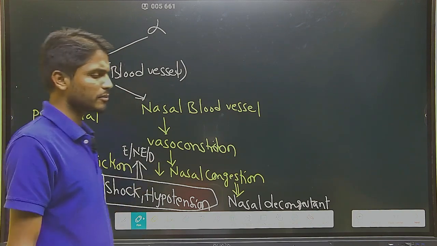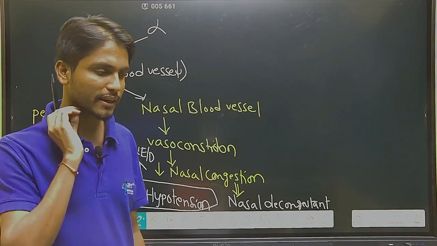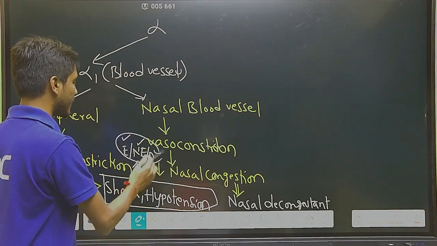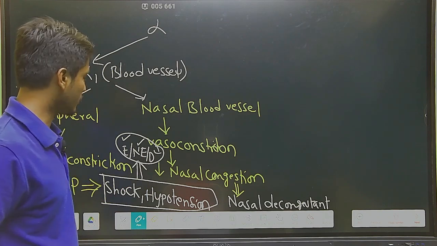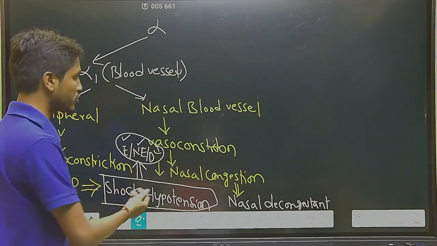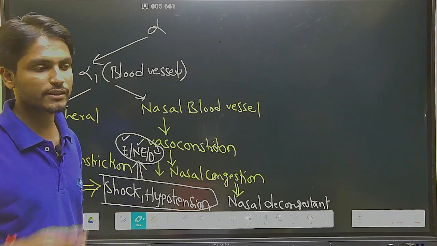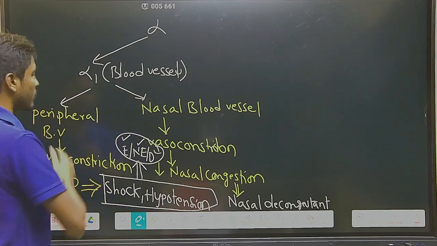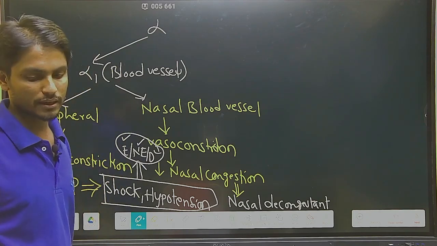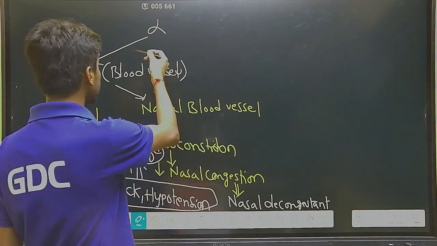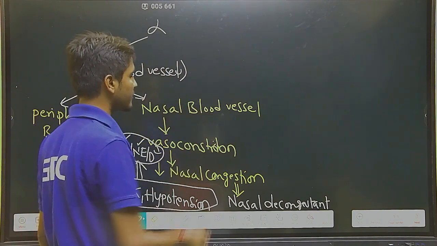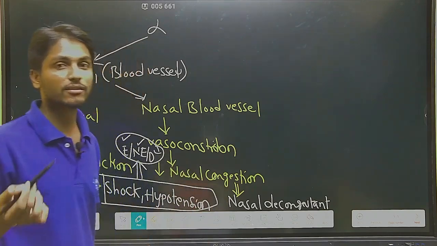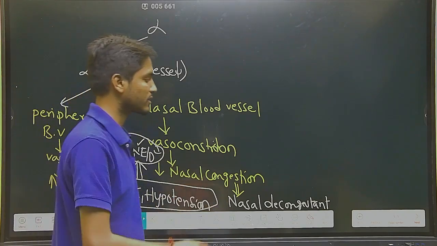All of these are sympathomimetic drugs, and they can be preferred to treat shock and hypotension. How is it happening? Due to the vasoconstriction, especially through the alpha-1 receptor located on the peripheral blood vessel. If the drugs act on the nasal blood vessel, the same vasoconstriction will be there, and it decreases the nasal congestion, hence they can be used as nasal decongestants.